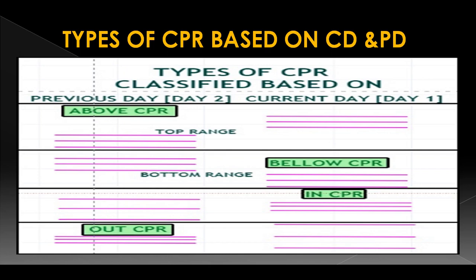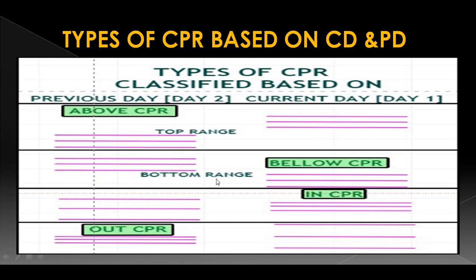I'm categorizing here: there are 9 types of CPR based on current day and previous day. Number 1, above CPR. See here I marked current CPR and previous CPR. Current day CPR above the previous day CPR is called above CPR.